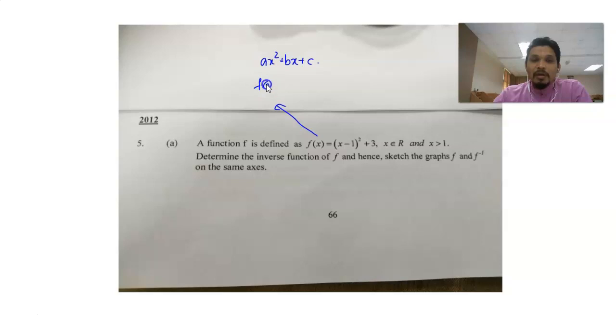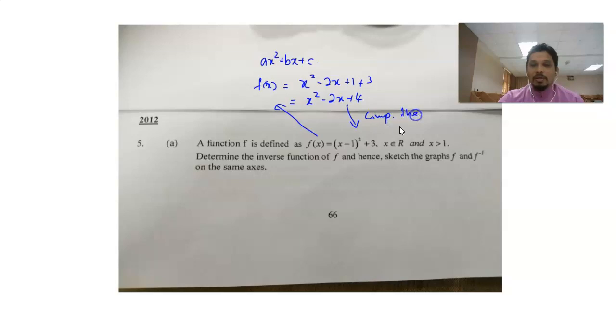So the function f of x for this function here is x squared minus 2x plus 1 plus 3, which equals x squared minus 2x plus 4. This is a quadratic function in the form of ax squared plus bx plus c, and the other form is the quadratic function after completing the square. Here we come up with the process of completing the square.